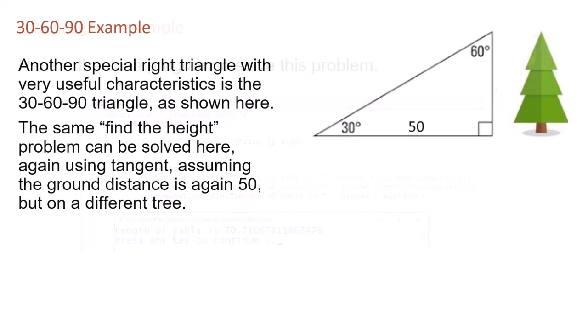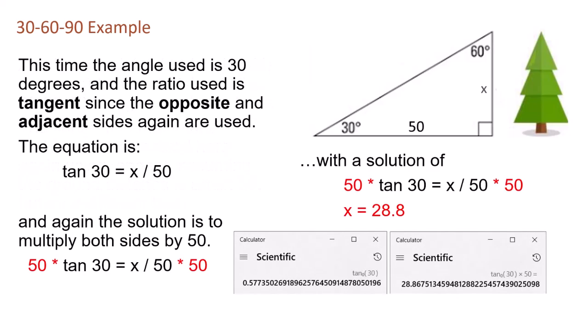Another special right triangle with very useful characteristics is the 30, 60, 90 triangle, as shown here. The same find-the-height problem can be solved here, again using tangent, assuming the ground distance is again 50, but on a different tree. This time the angle used is 30 degrees, and the ratio used is tangent, since the opposite and adjacent sides again are used.